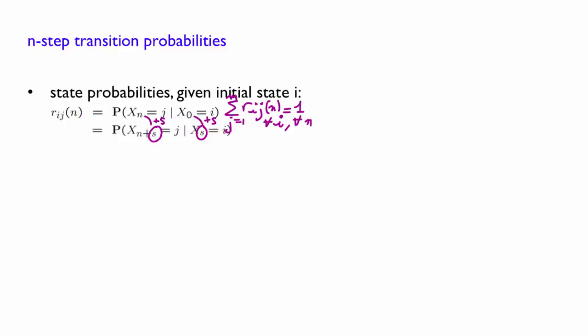So, how to calculate r_ij(n)? For some particular n, this is easy. For example, for r_ij(0), that means that there are no transitions, it will be either 1 if i equals j, and 0 otherwise.